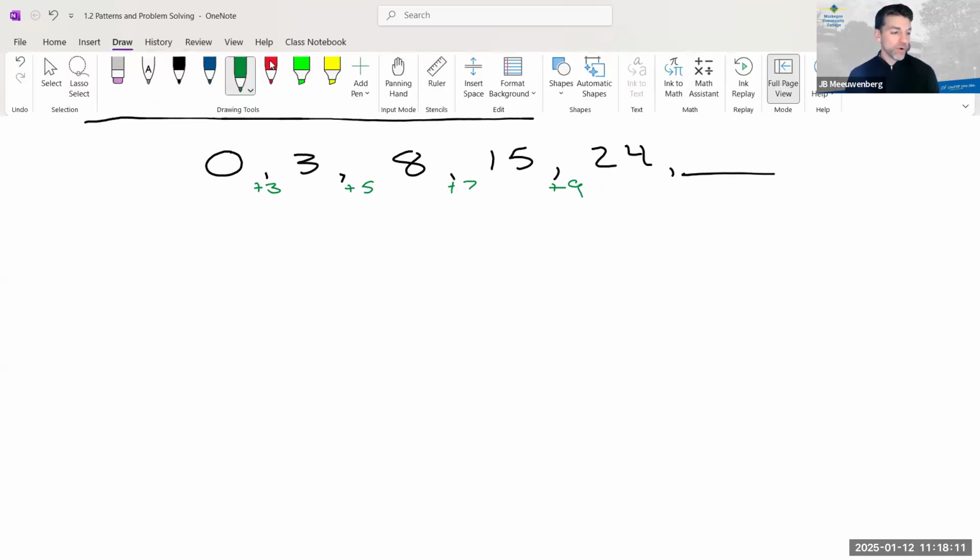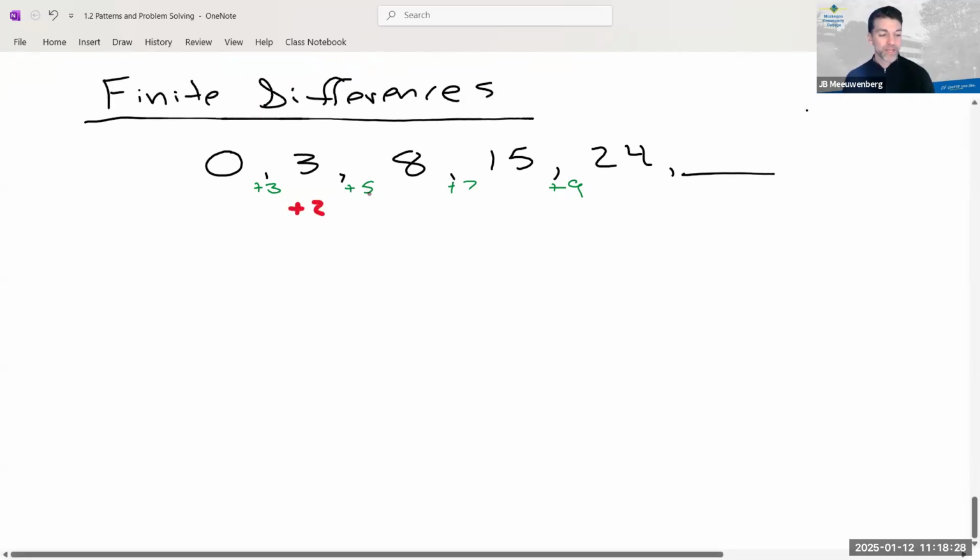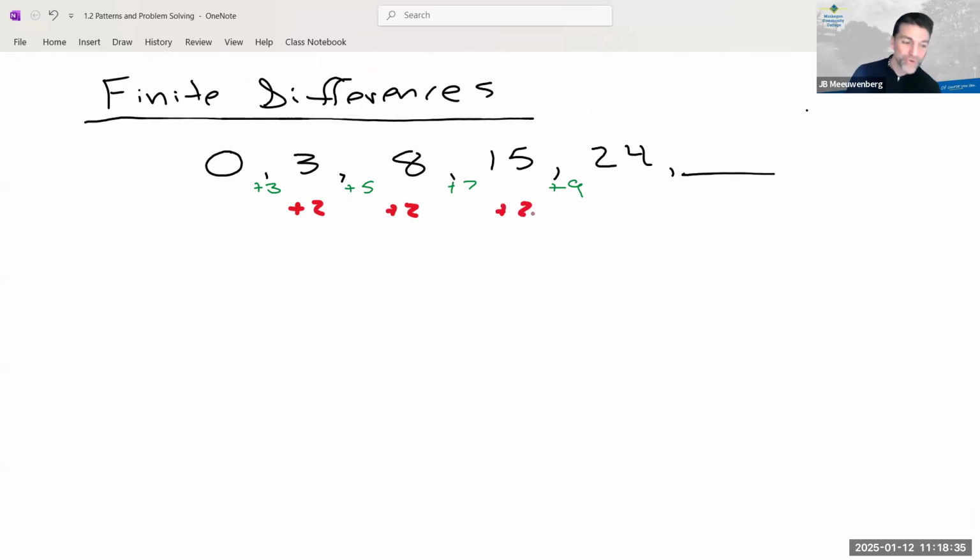But one thing you might notice is that once you get that first row of differences, there's actually a pattern in the differences. 3, 5, 7, 9. To go from 3 to 5 is plus 2. To go from 5 to 7 is plus 2. To go from 7 to 9 is plus 2. So this second difference is constant.